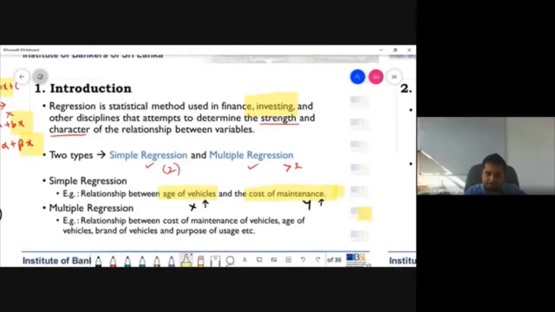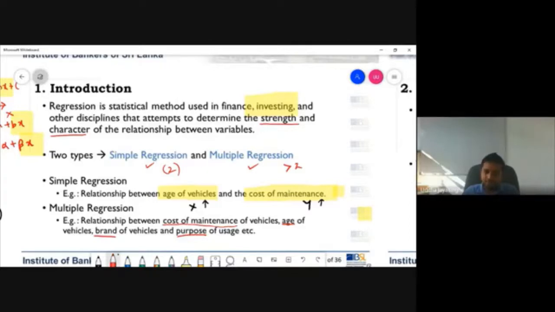Okay, I have many more variables here between the cost of maintenance and age, brand, and purpose. See, in the previous instance, if we take cost of maintenance as the y variable, obviously now you can understand that there will be many other variables which are going to change the cost of maintenance.